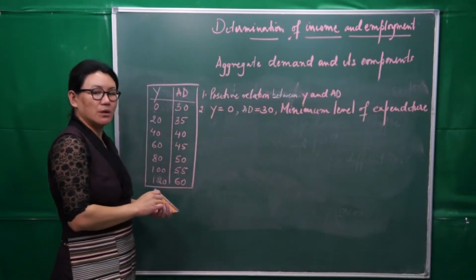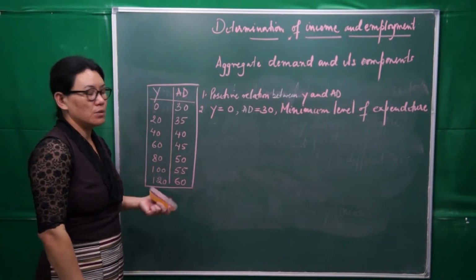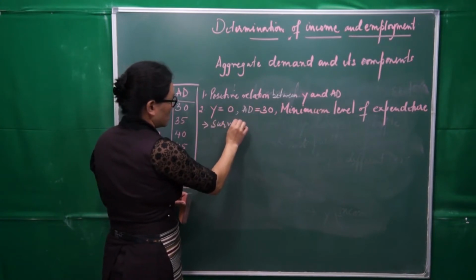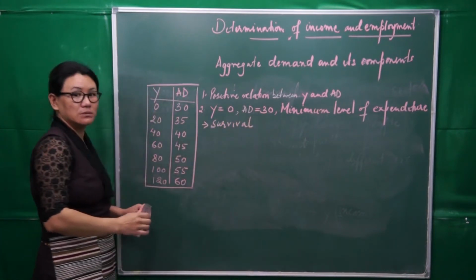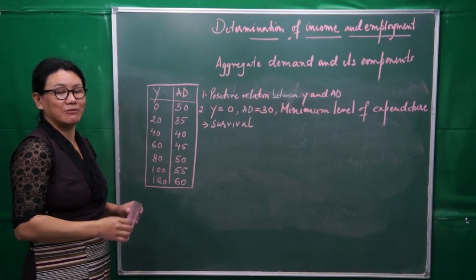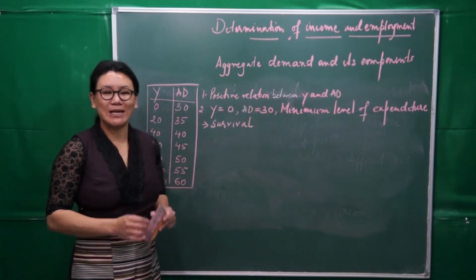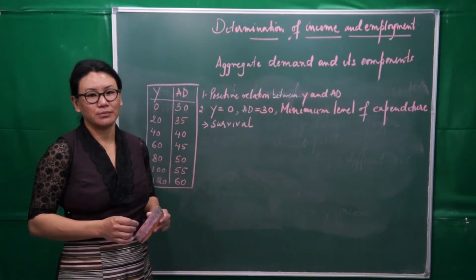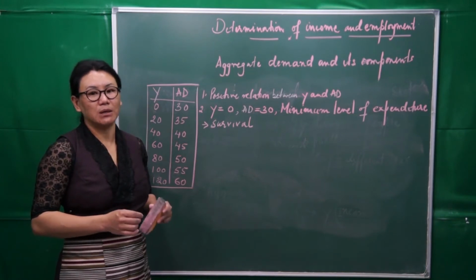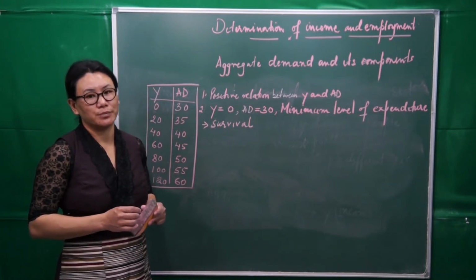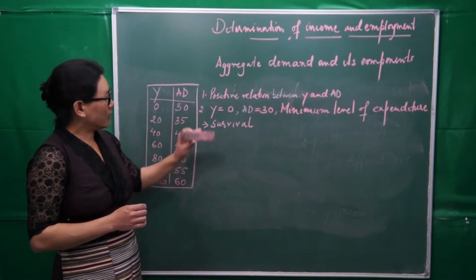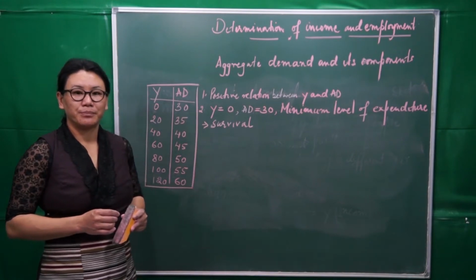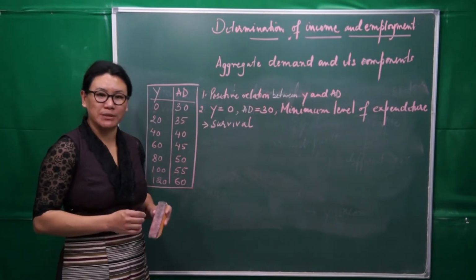This is a minimum level of expenditure, which is meant for survival, even if we don't have any income. If our income is 0, we need to survive, right? For that, there will be a minimum level of expenditure. Now, if the income is 0 here, how will they be able to spend?